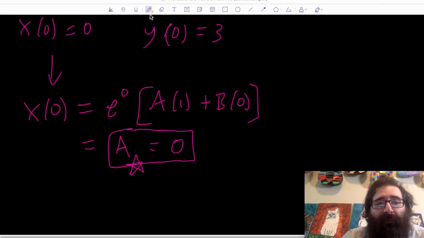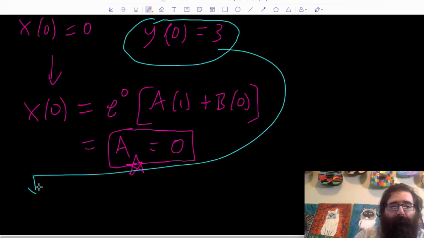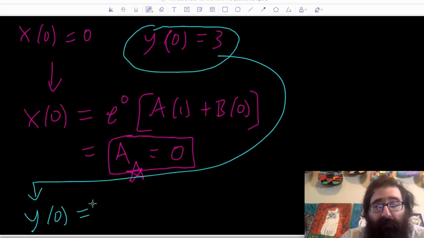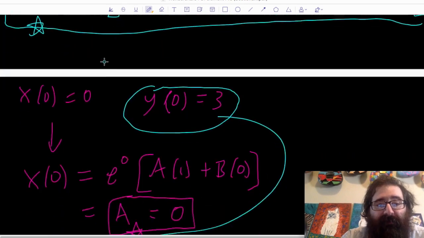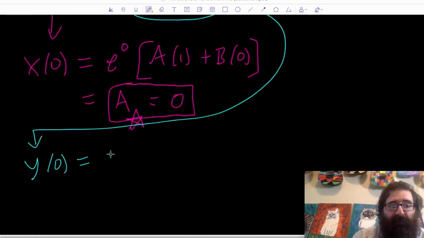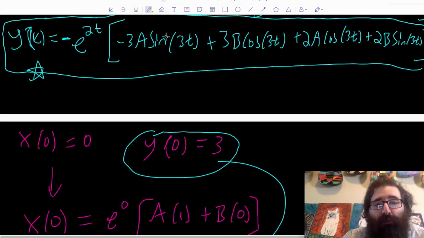Now I want to work with this other initial value, y at 0 equals 3. So I'll say, okay, y at 0, if I plug 0 into y, and there's a lot more terms in the general solution here, I get negative e to the 0, which is negative 1, times in parentheses, now remember, sine at 0 is 0.